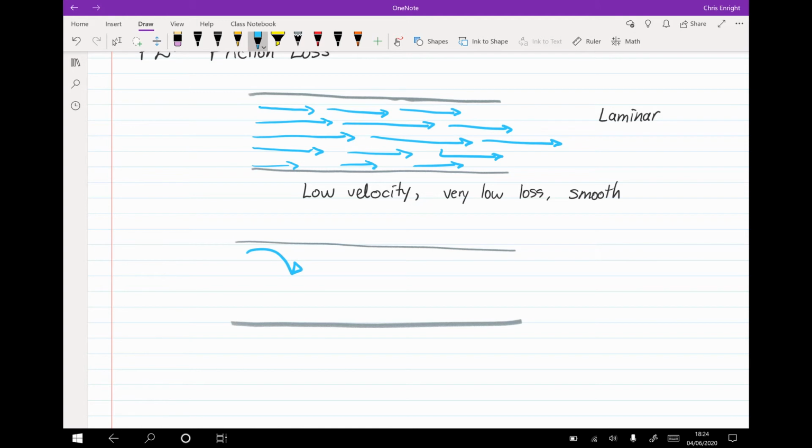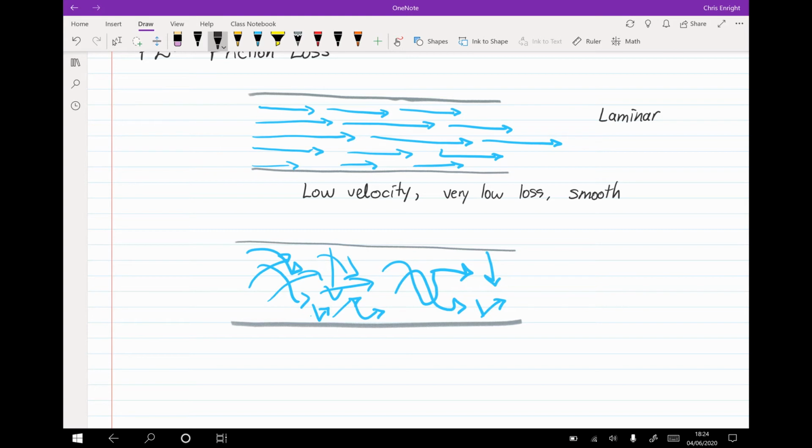Water flow is a lot more chaotic. You get some just disjointed, no pattern at all, doing all kinds of random stuff, bumping into itself, bumping into the wall, all kinds of things that cause the water to slow down. So this is turbulent flow.